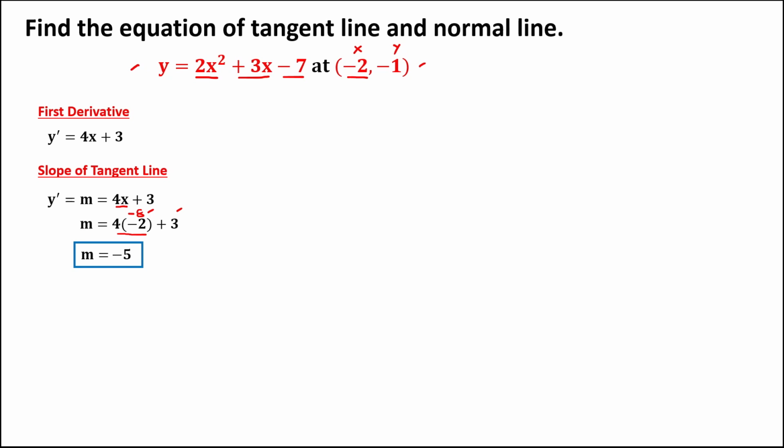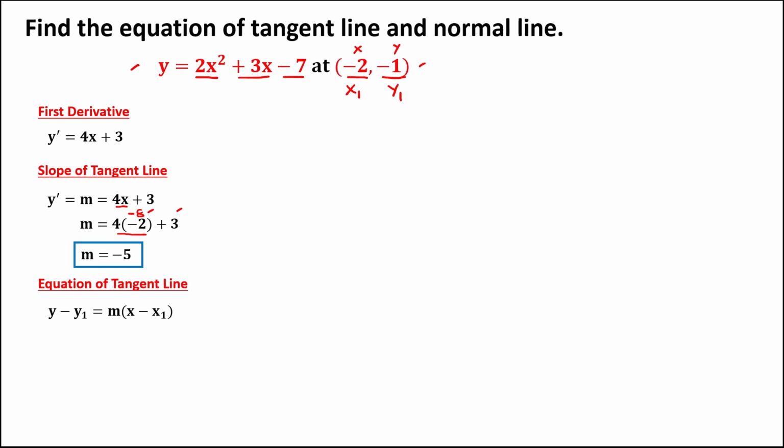Then this time we can find the equation of the tangent line using the slope formula. So we have y minus y sub 1 equals m times x minus x sub 1. From the given coordinate, this is x sub 1 and this is y sub 1.